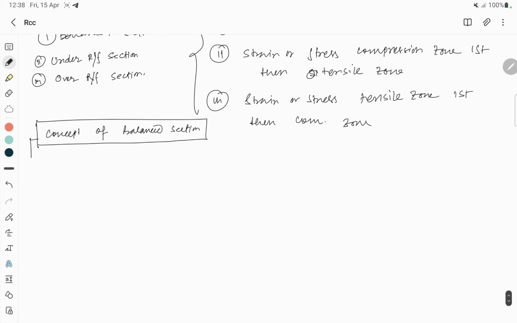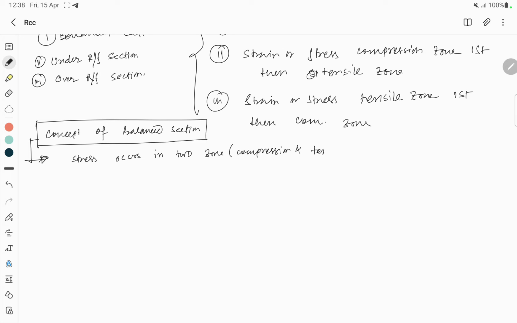So in balanced section, stress occurs in 2 zones, that is compression and tension, at the same time. Okay, so what do you write in exam?